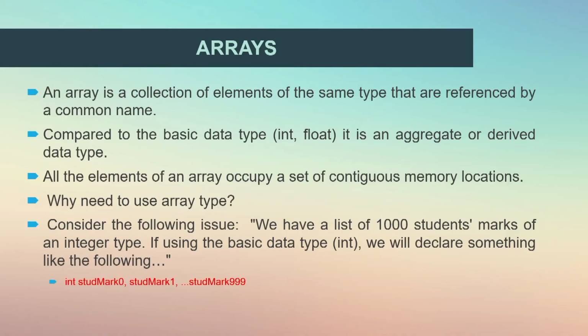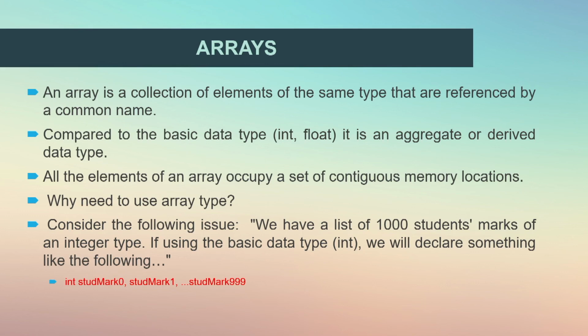All the elements of an array occupy a set of contiguous memory locations. So, if I start storing the elements of the same type from a particular memory location, say for 10 elements, the next 10 contiguous memory locations will be allocated for storing the elements of that array continuously.